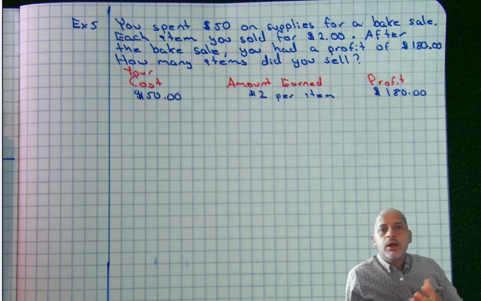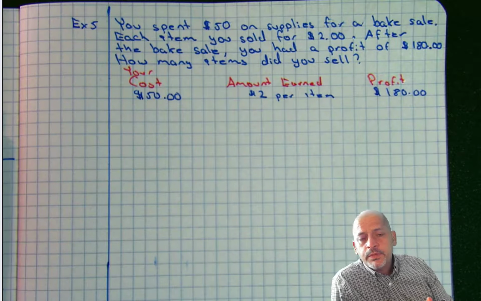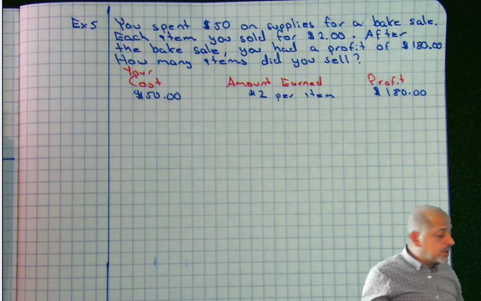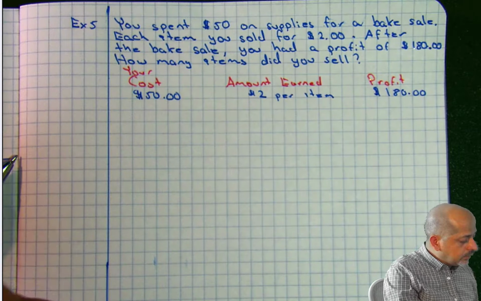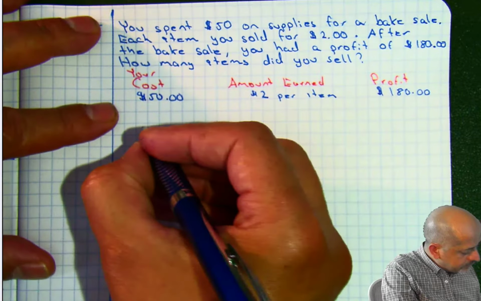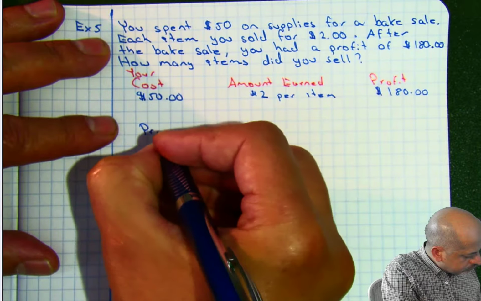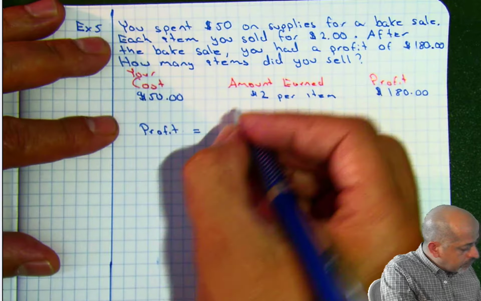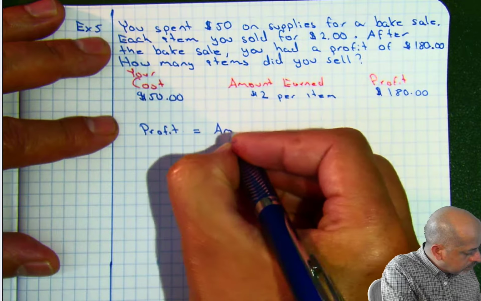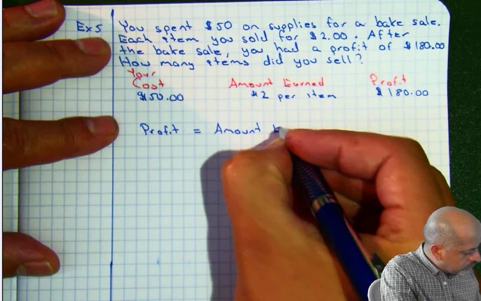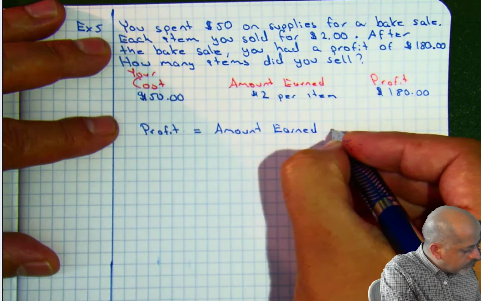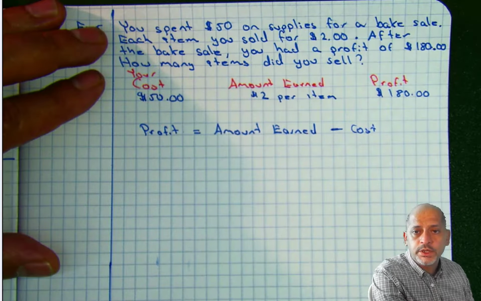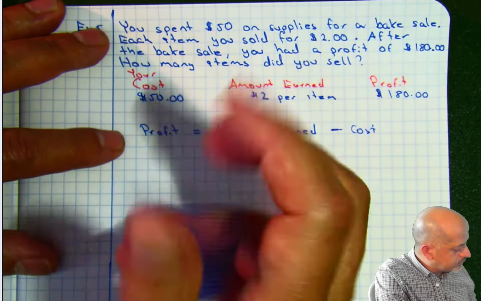So how do we calculate your profit? You've probably worked this out before. So to calculate your profit, profit is equal to your amount earned minus your cost. And that is how we do the equation. So your profit is $180.